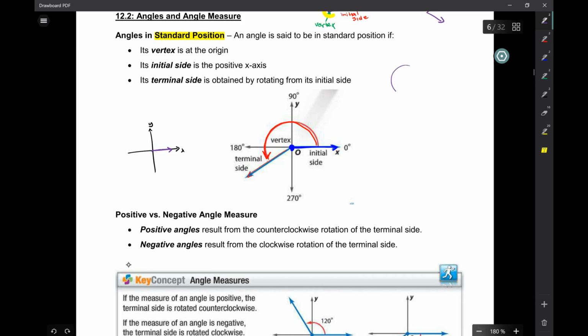So let's think about a clock for a minute. If these are the hands of the clock, in what direction do the hands of the clock rotate? Well, they go towards the right like this, right? We call that direction clockwise.